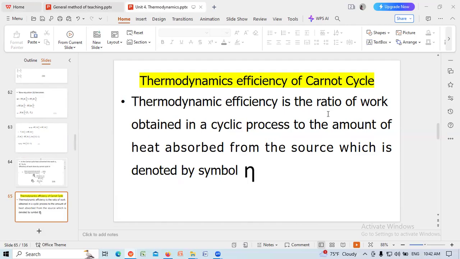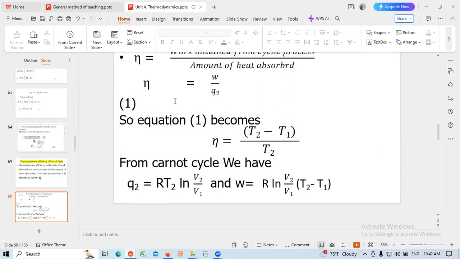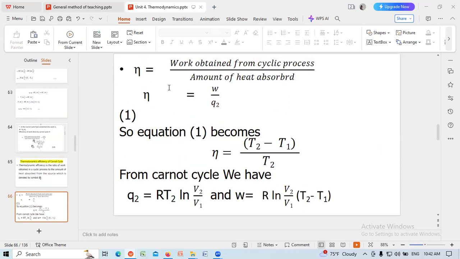Thermodynamic efficiency is the ratio of work obtained in a cyclic process to the amount of heat absorbed from the source, which is denoted by the symbol eta. That's why eta equals work obtained from the cyclic process over amount of heat absorbed, eta equals W over Q2, equation 1.